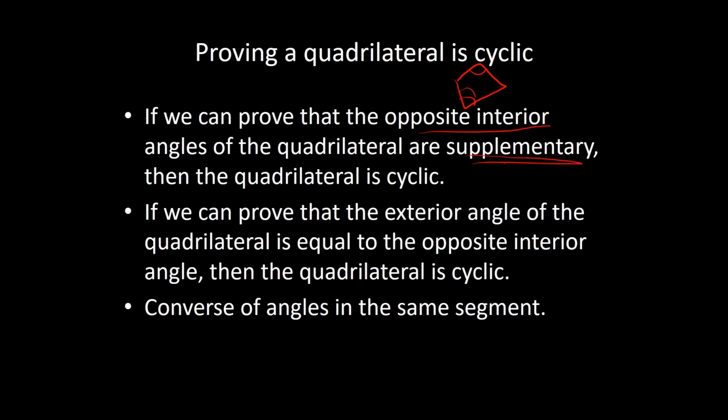The other way, depending on what diagram you've been given, of course, is if you can prove that the exterior angle is equal to the opposite interior angle, then indeed that quadrilateral is also cyclic. Then the one we didn't mention explicitly, but it's certainly true and we use it often, is the converse of angles in the same segment.